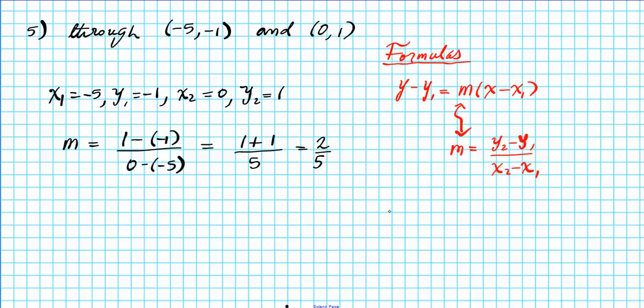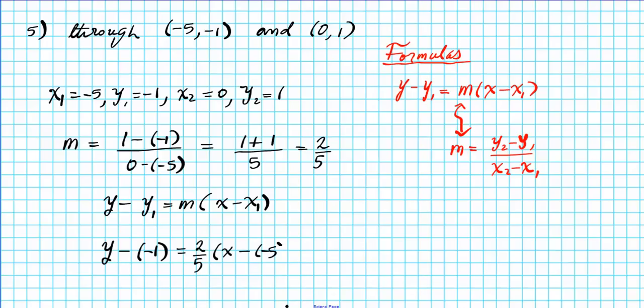All right, now we have everything that we need. We're going to plug it into this formula, y minus y1 equals m(x minus x1), because we already have y1, x1, and m. All right, so we have y minus y1, which is -1, equals m times x minus x1, which is -5.